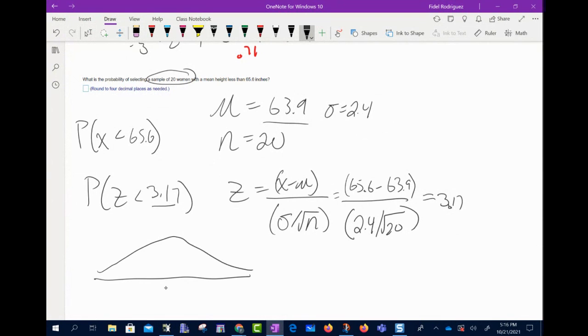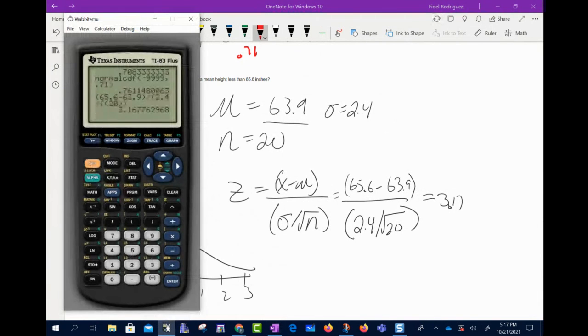So I'm going to draw my picture, right? 0, 1, 2, 3, minus 1, minus 2, minus 3. 3.17 is going to be somewhere over here. And again, doing this on my calculator, let me make sure I'm doing that right. Sometimes I'm a little concerned that I didn't enter something correctly, but it looks like we did.